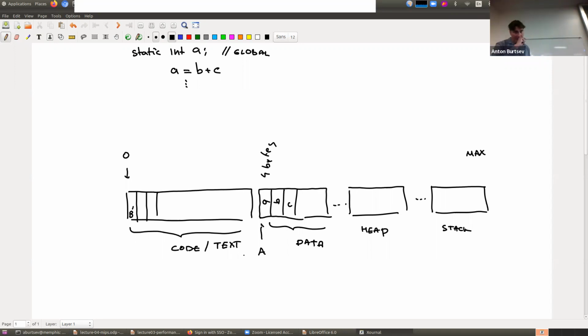So now we got this idea, right? Imagine this variable A is sitting here in memory.